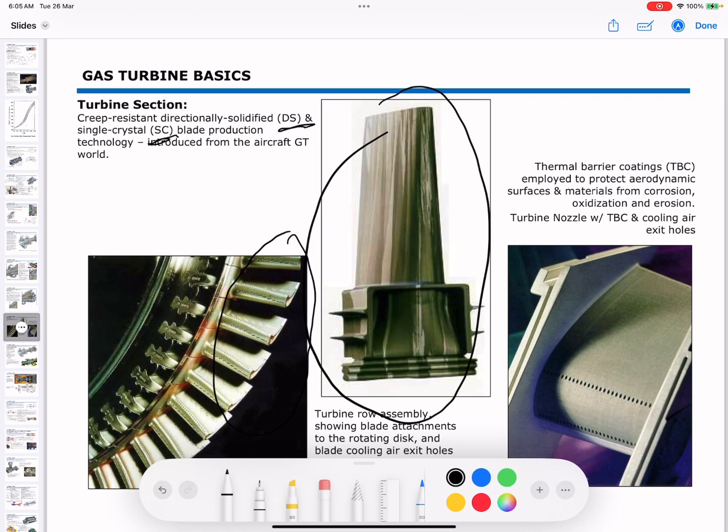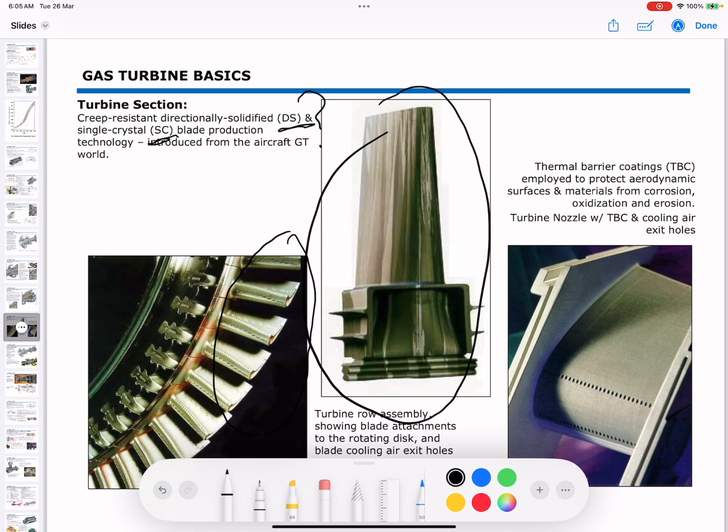So what is DS? I'm not going to be too long in explaining because we have a lot of things to talk about.